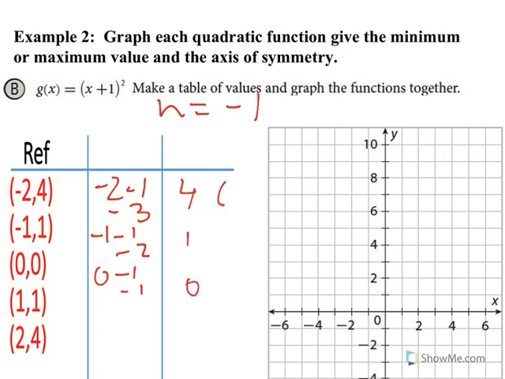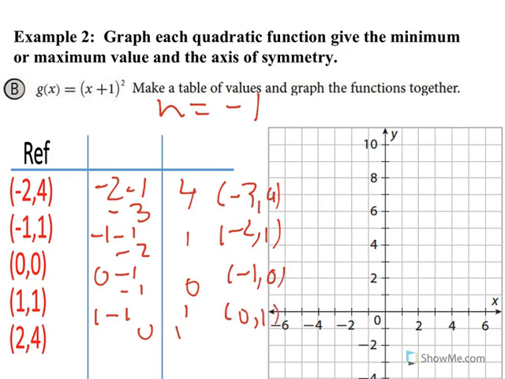So let me make this clear. We have negative 3 and 4, negative 2 and 1, and negative 1, 0. So we have 0 plus 1 minus 1, 0, 1, we have a point 0, 1, and here 2 minus 1 gives us a 1 and a 4, right? So a point 1, 4.